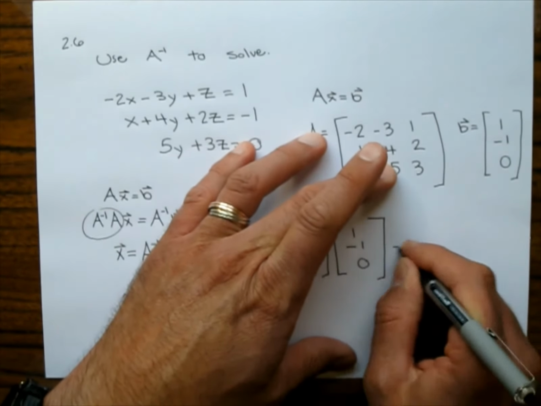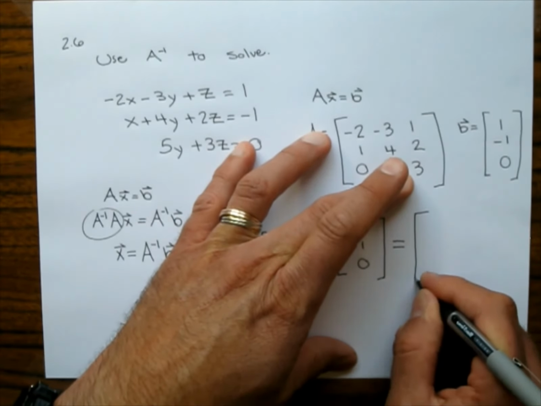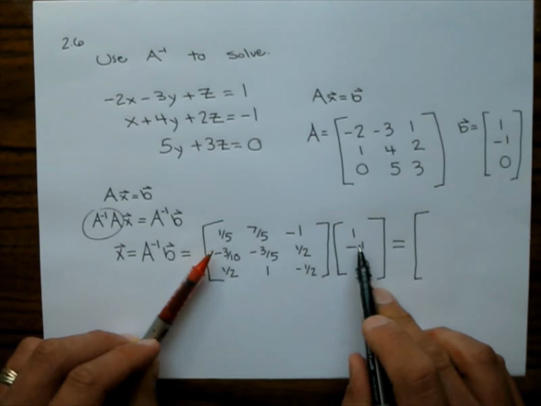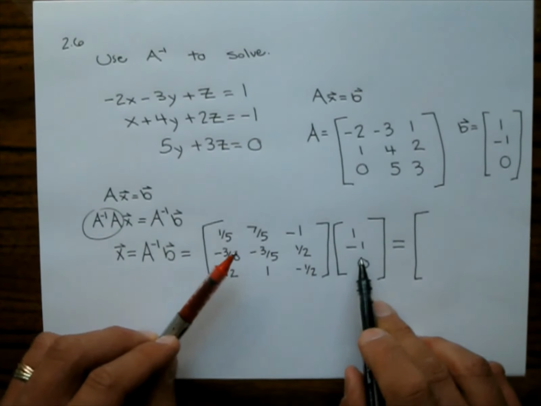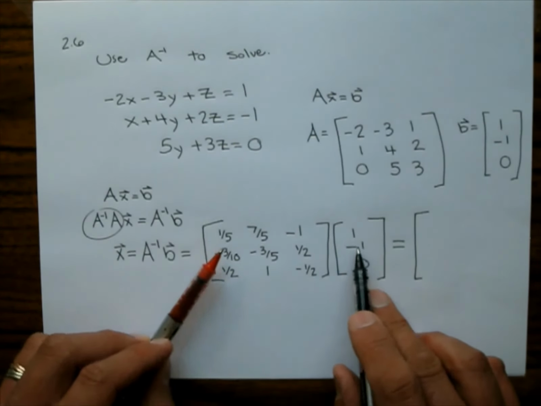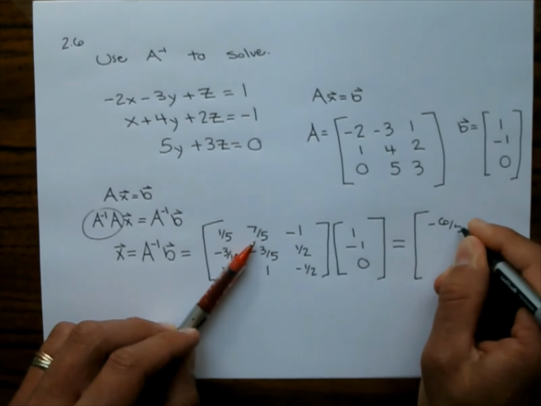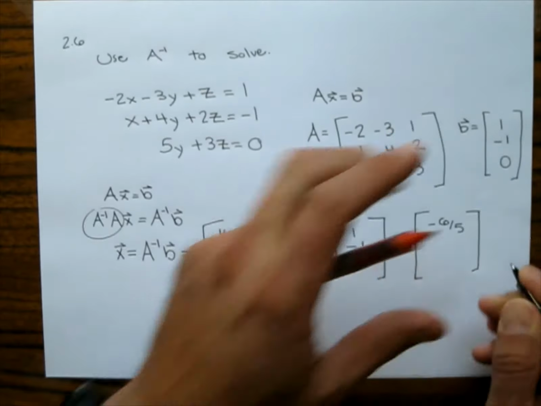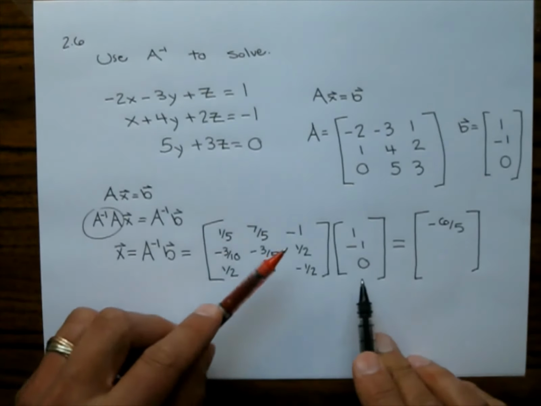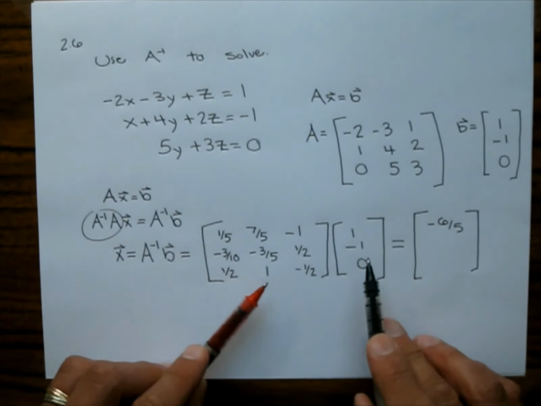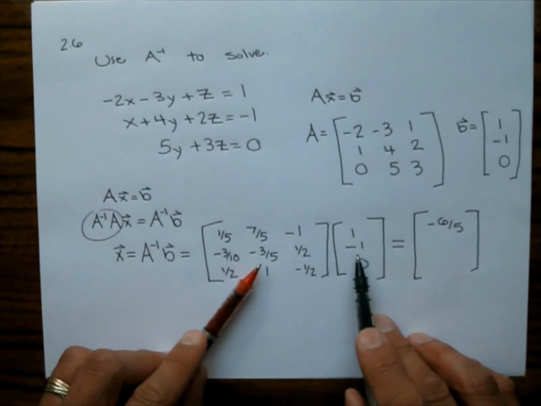And so solving this system is just doing matrix multiplication. And look at this. This is 1/5 minus 7/5, which is negative 6/5. And then there's a 0 there, so we're not going to count that. Then this is negative 3/10 plus 3/5, or really plus 6/10.